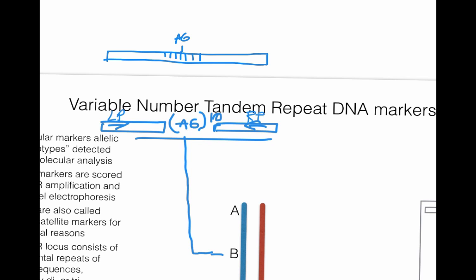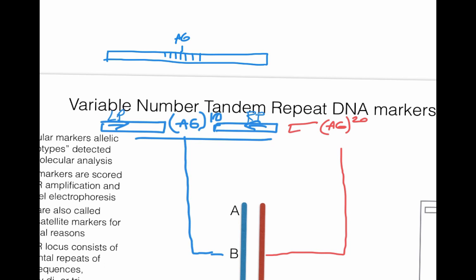These repeats are susceptible to change, not on a day-to-day basis, but over many generations. If we look at two lines, they are likely to have different number of repeats at that position. So if we, for example, were to look at the red line over here, we might find that in this site we have an AG repeat which is present, let's say, in 20 copies.